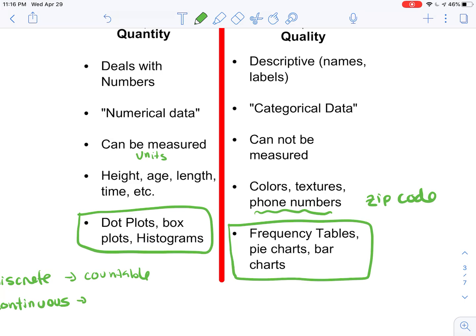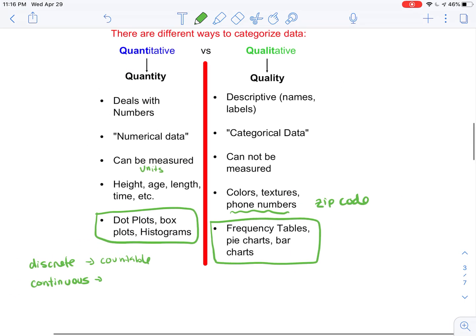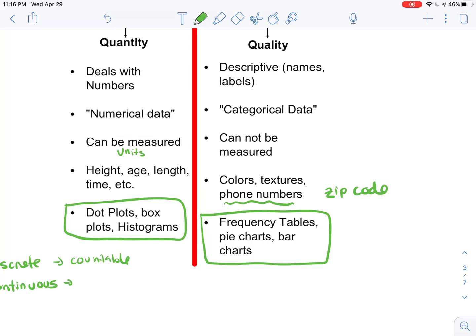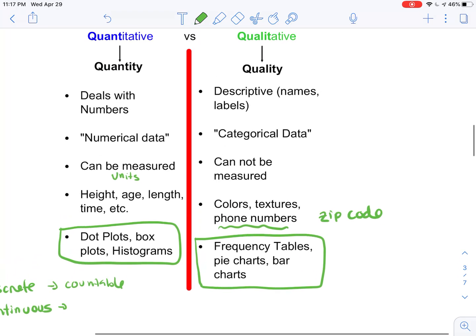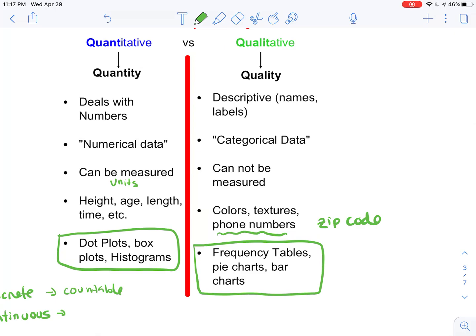So things like dot plots, box plots, and histograms, which we will talk about, all three of those, are going to be the types of graphs we use for our quantitative data, for those measured values. Whereas frequency tables, pie charts, bar charts are things that we would use for qualitative data.